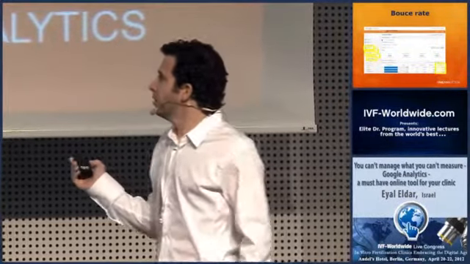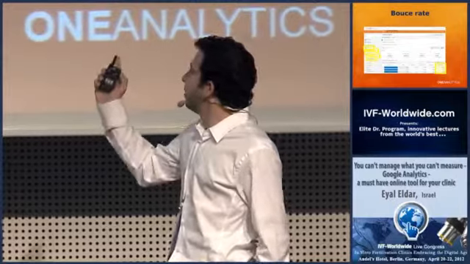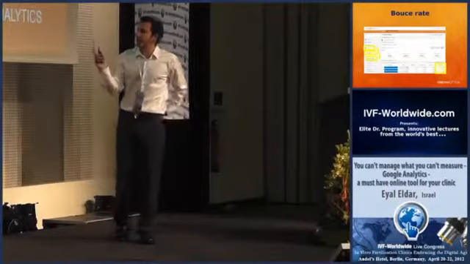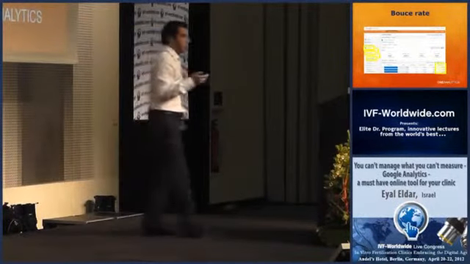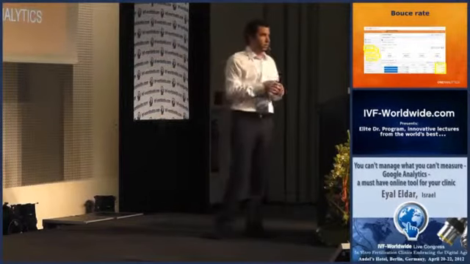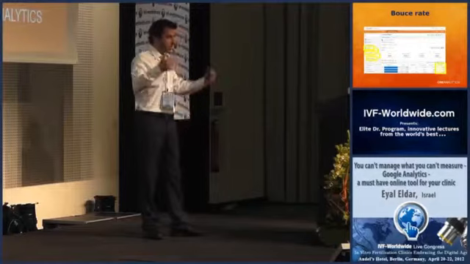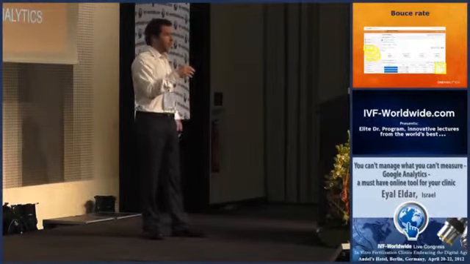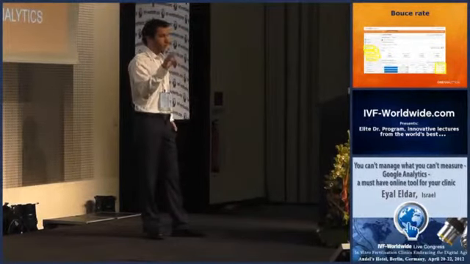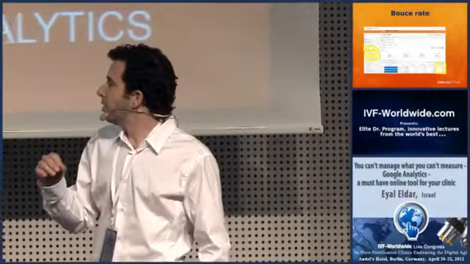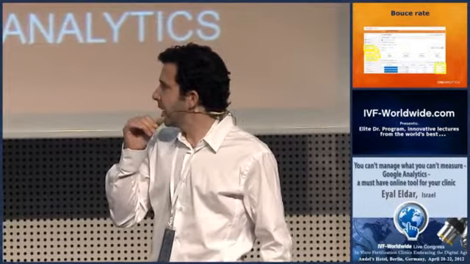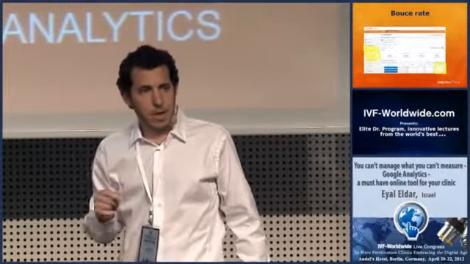Okay, and this report shows the bounce rate for each of your landing pages, for each of the pages that people come to your site through. Okay, so it could obviously be the home page. It could also be other pages where you have deep links, where you have direct links to articles on your website or to specific service pages. And what you can see is the bounce rate for each one.